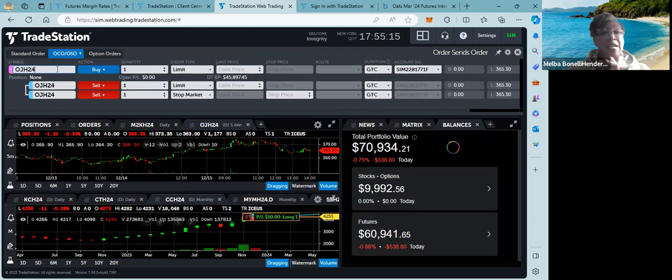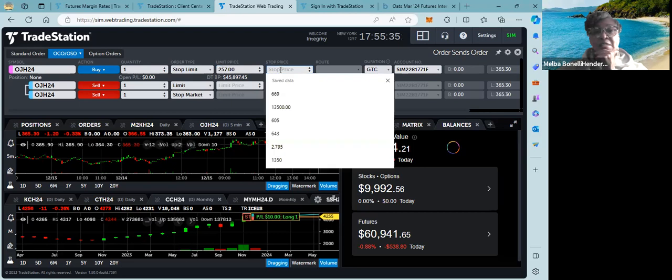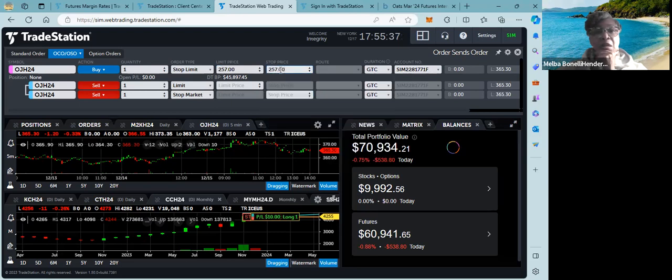Yes, the setup that is on the screen is perfect for longing the market. So you're going to put in your stop limit, which is your entry. And that number is 257. And you're going to put that in twice.